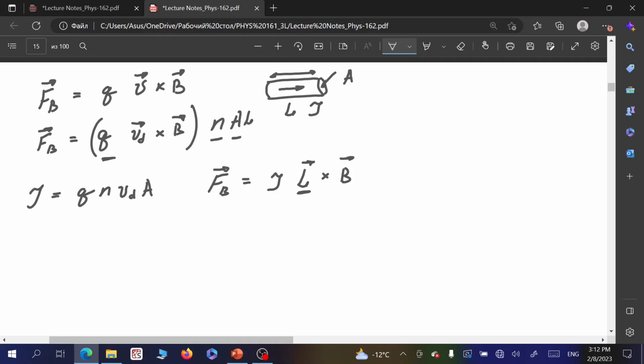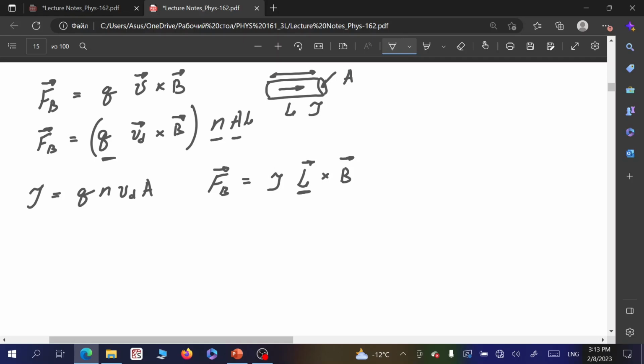So now we have the expression, and if we have a straight segment of a conductor, we can use this equation to determine the magnetic force exerted on it. However, that is a specific case. In general, conductors can be bent in different shapes, and that should also be taken into account.